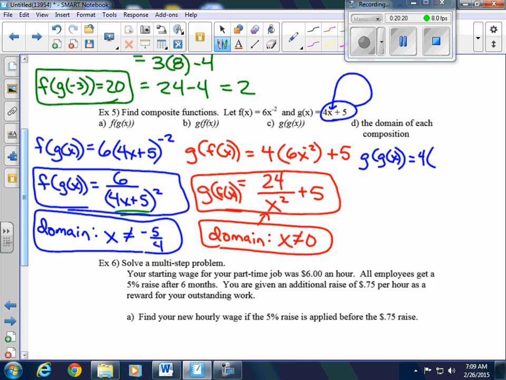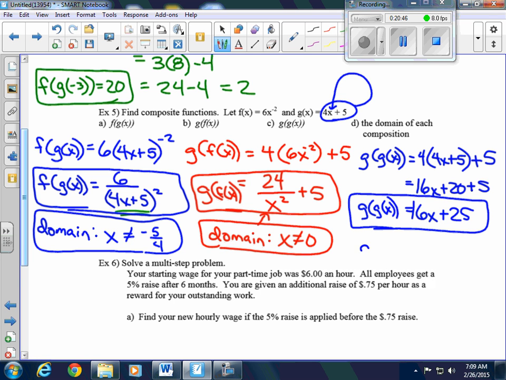Now instead of x, we're going to write 4x plus 5, and then we have the plus 5 left. So g of g of x is going to equal 16x plus 20 plus 5, which is 16x plus 25. So that's our g of g of x function.